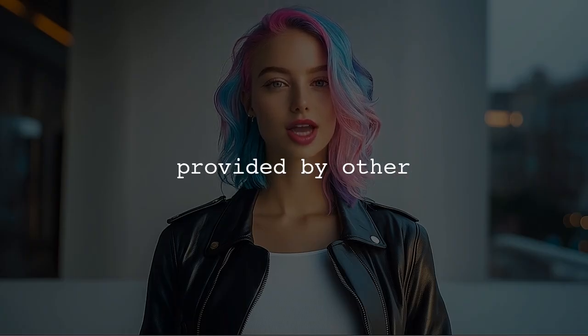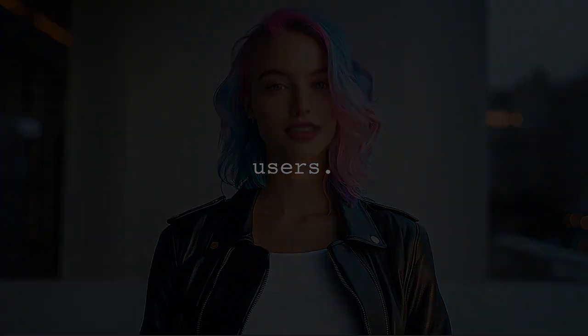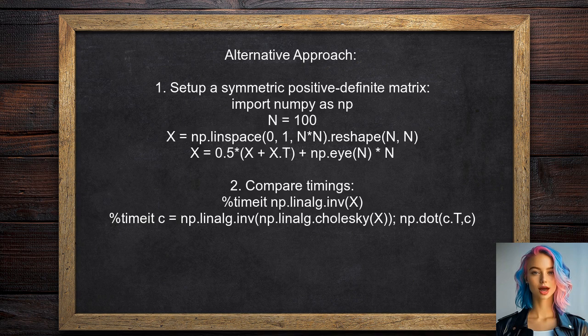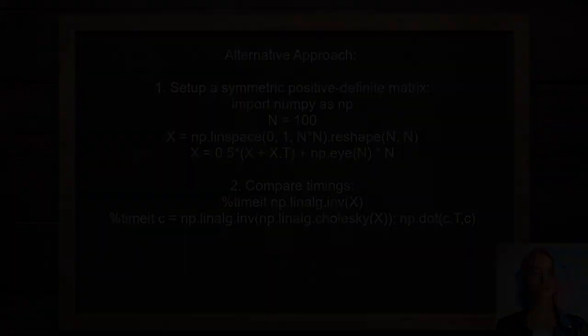Now, let's look at the answers provided by other users. In this alternative approach, the user sets up a symmetric positive definite matrix using NumPy. They then compare the performance of two methods for matrix inversion. The first method uses np.linalg.inv directly, while the second method employs Cholesky decomposition followed by matrix multiplication.